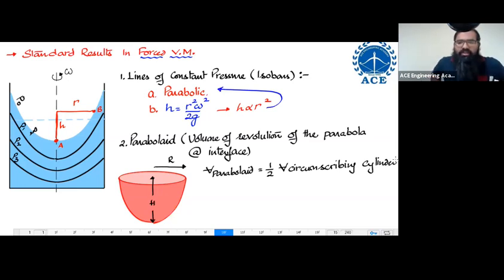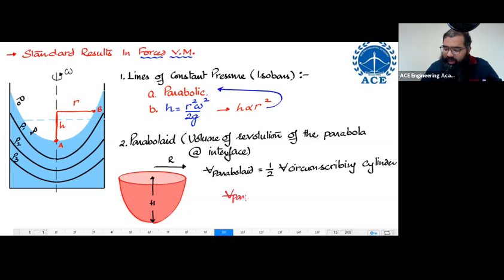You might have studied circumcircle in the concept of triangles. If you have a triangle, the circle which completely encloses the triangle is called a circumcircle. Similarly, this paraboloid will fit completely inside a cylinder. That cylinder also will have a height H and a radius R.